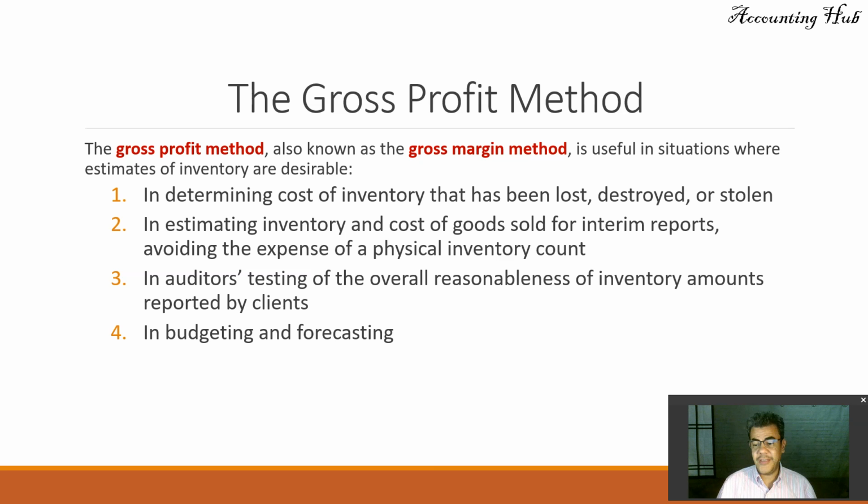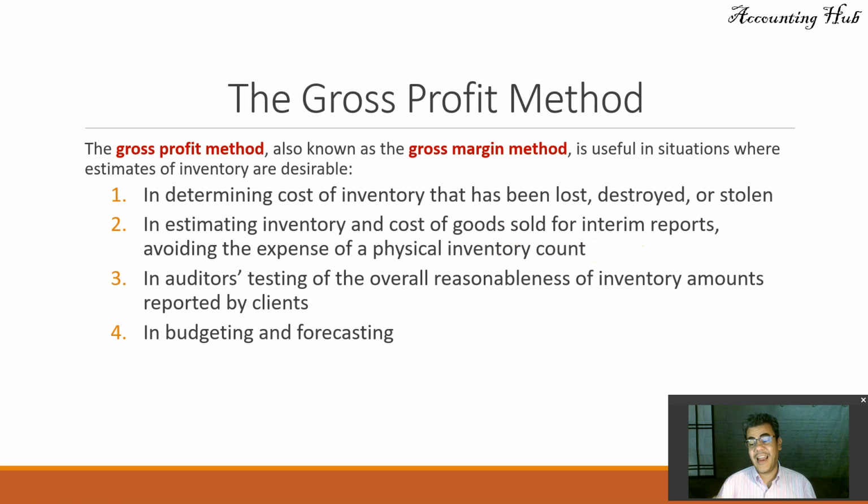So, if it is not allowed for year-end financial statements, why do we do that? Because it's desirable in determining the cost of inventory that has been lost, destroyed, or stolen, in estimating inventory and cost of goods sold for interim reports, for quarterly reports.